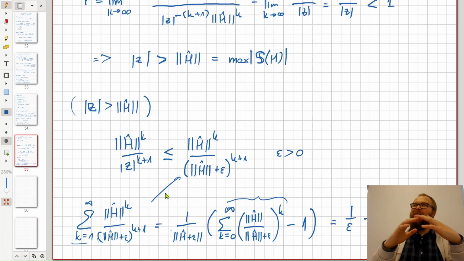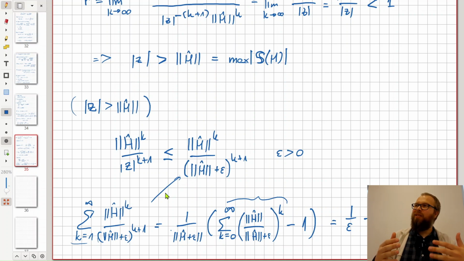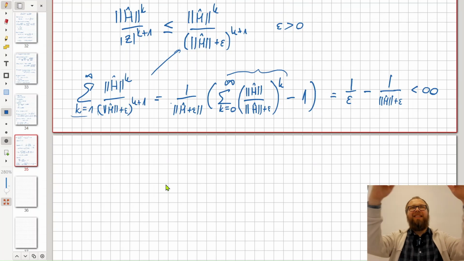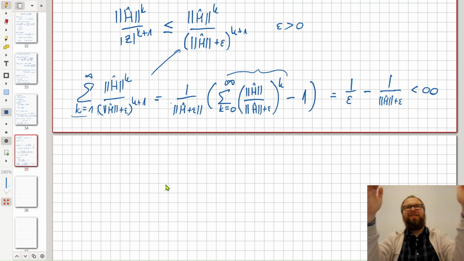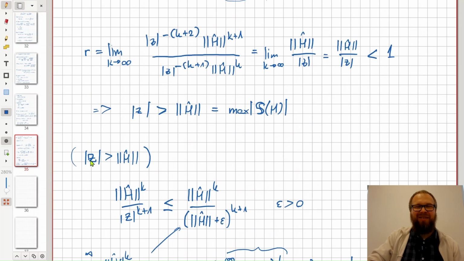Therefore, it converges absolutely and uniformly, and therefore the resolvent also converges uniformly, absolutely. However, not inside a disk of some radius, but actually in the complement of a disk, because our condition is that you have to be bigger than something.